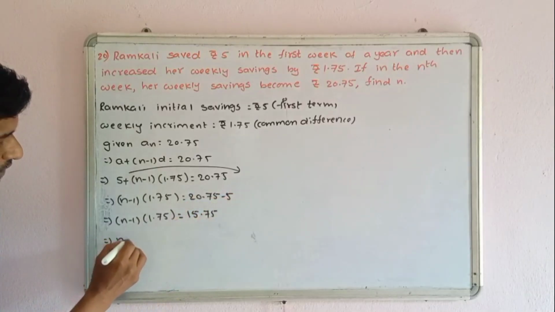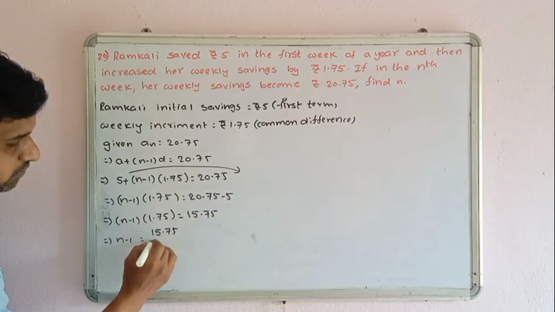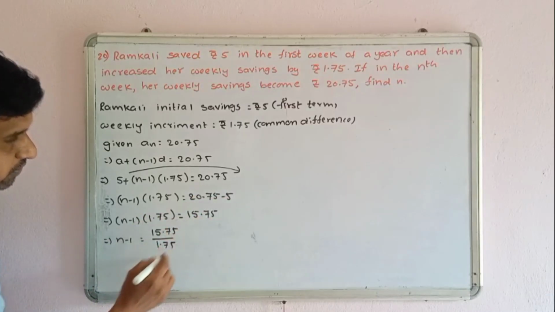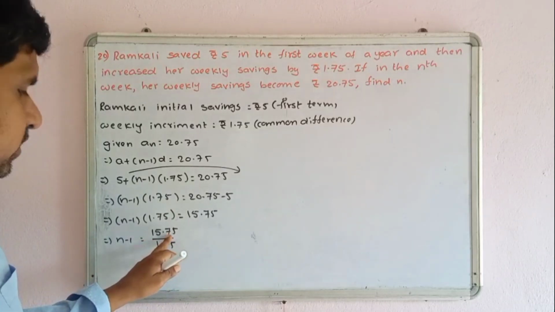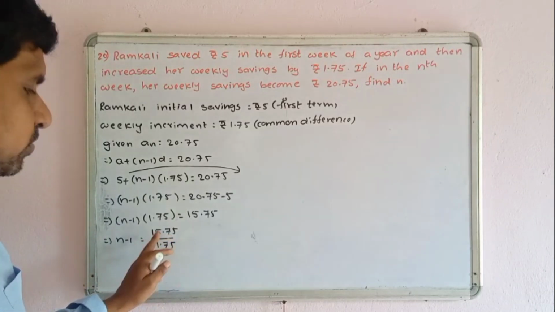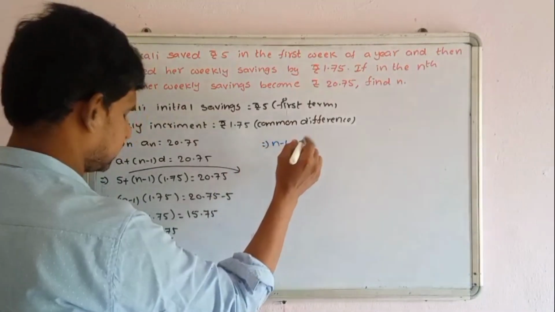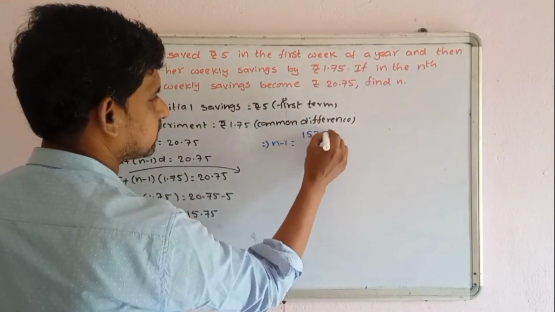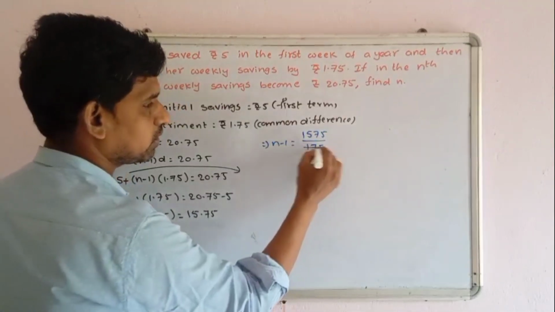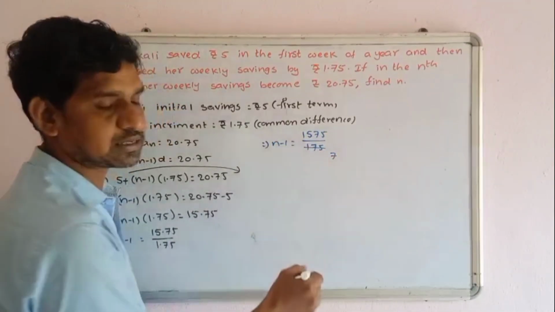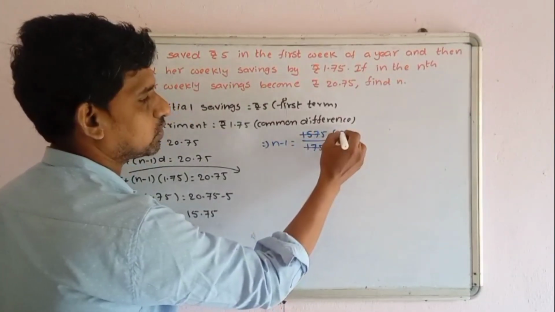So n minus 1 equals to 15.75 divided by 1.75. Okay, in the numerator 2 decimal places are there, here also 2 decimal places are there, so avoid decimals. n minus 1 equals to 1575 by 175. Okay, 25 sevens 175, 25 sixes 150, so 25 threes.